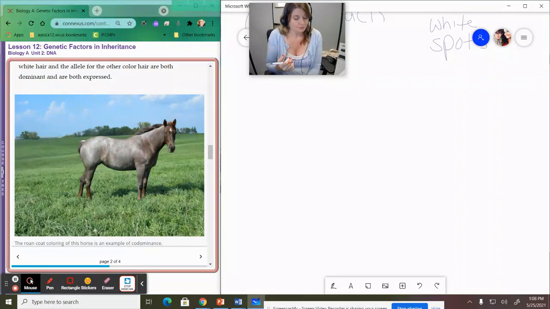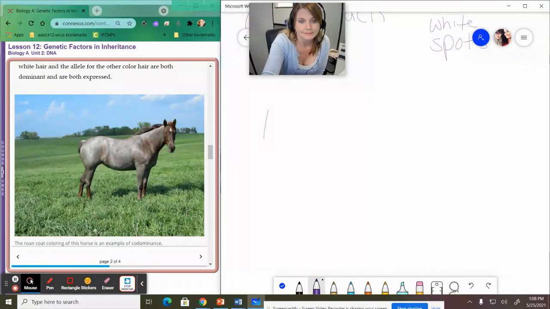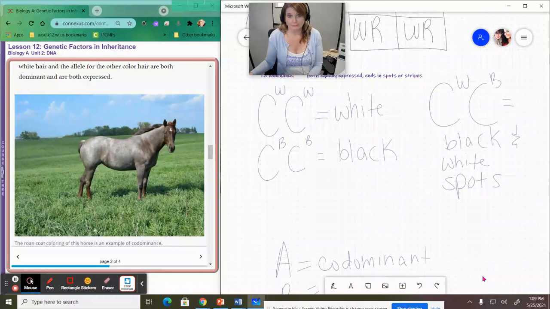So there's three blood types. There's three different alleles for blood type. We have the blood type A, and A is codominant to B. So both of these are codominant, like we saw up here, right?